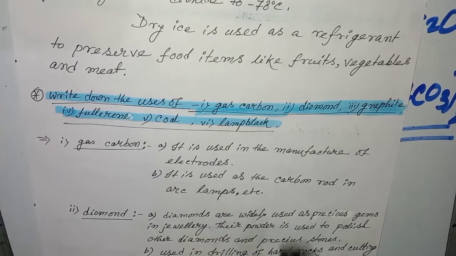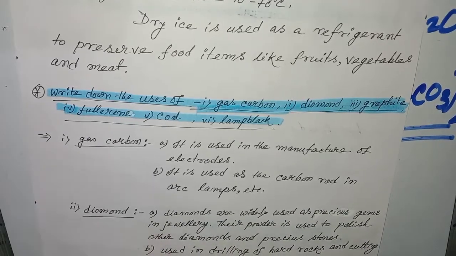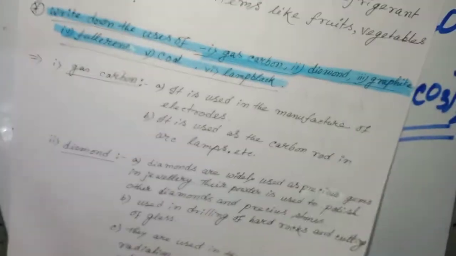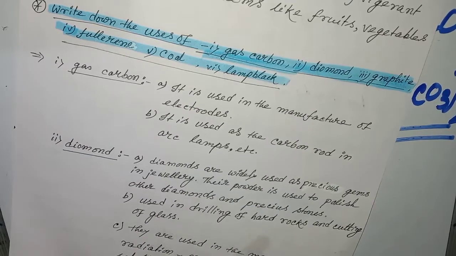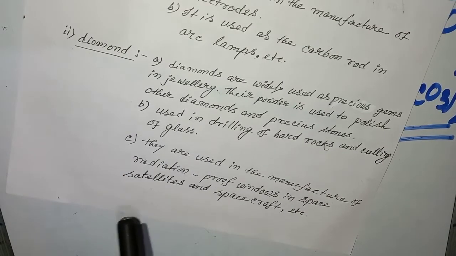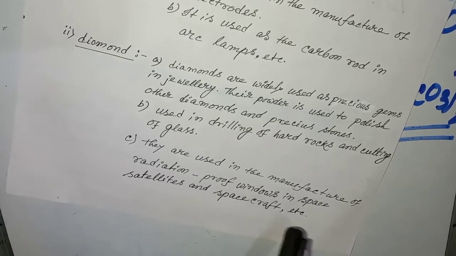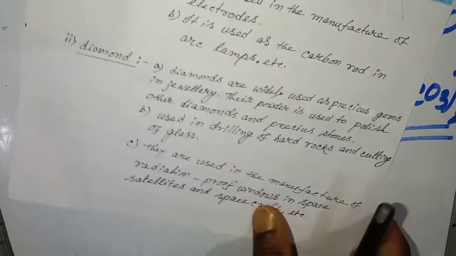It is used as the carbon rod in arc lamps, etc. Diamonds are used mainly for jewelry, but their powder is used to polish diamonds and precious stones. It is also used in drilling hard rock and cutting glass. It is also used in the manufacture of radiation-proof windows of space satellites and spacecraft, etc.